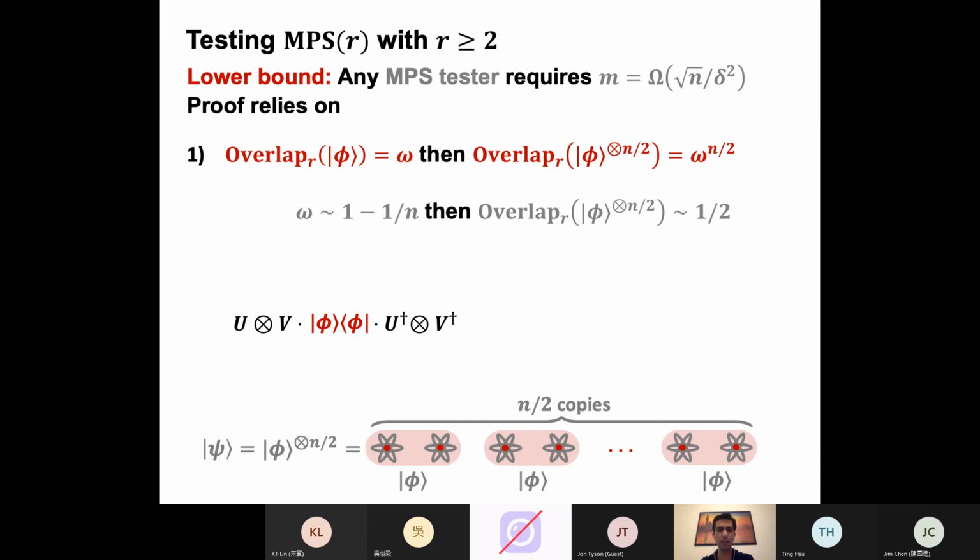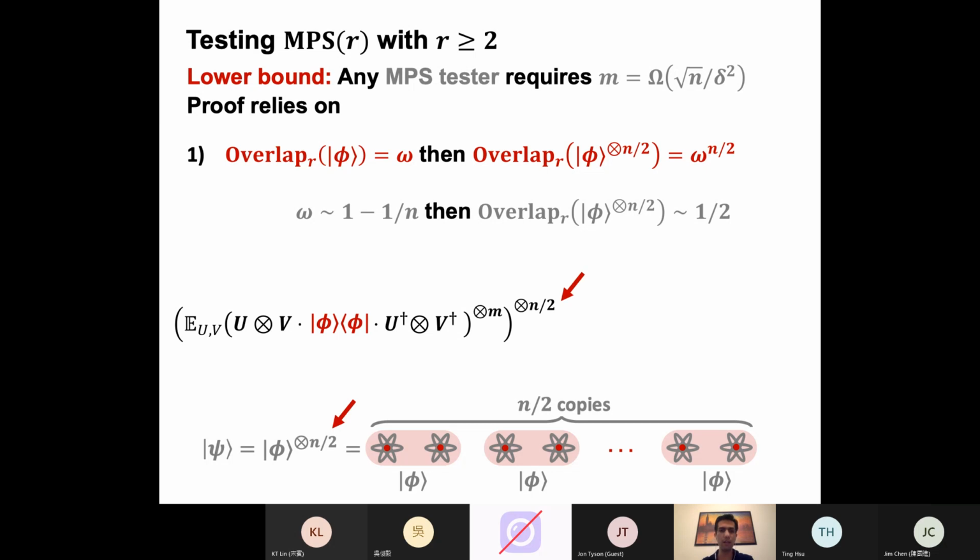So this clearly doesn't change its distance to MPS R because the rank of the reduced state doesn't change. And any MPS tester should have the same performance on m copies of this state phi, no matter what local unitaries we've applied. And this holds even if we consider an ensemble of random unitaries applied to phi.